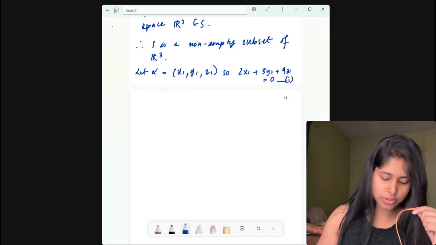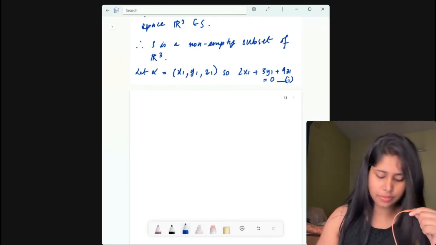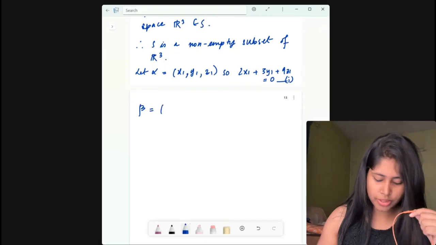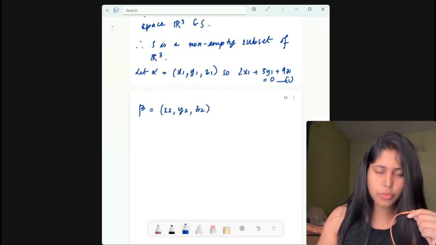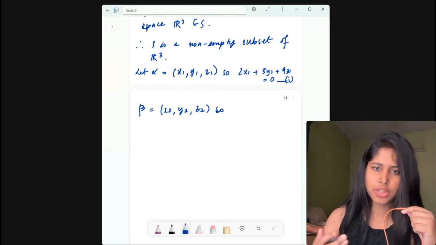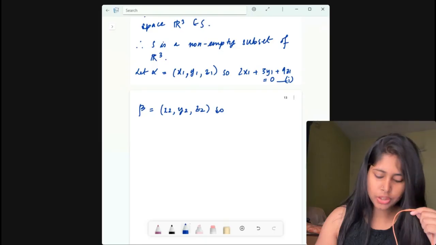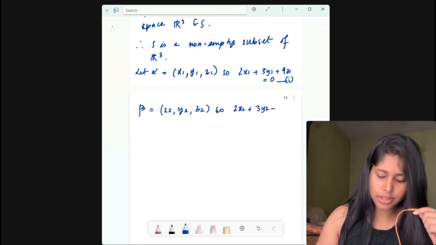Now for the next vector, let beta equal (x2, y2, z2), and we also define the condition for this beta vector. So it will be 2x2 plus 3y2 plus 9z2 equals 0.